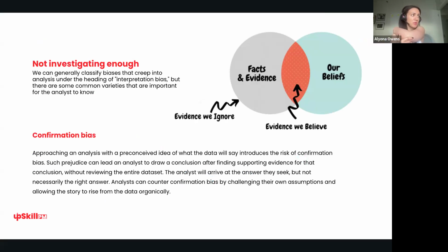You can Google and tell me if I'm wrong, but I think they're very, very close to each other. So, evidence we ignore, facts and evidence, our beliefs and evidence we believe. Maybe it's broader than the anchoring bias, because what we believe is right here, and confirmation bias also includes some of the facts that we know and our beliefs, so it's a combination of those two.